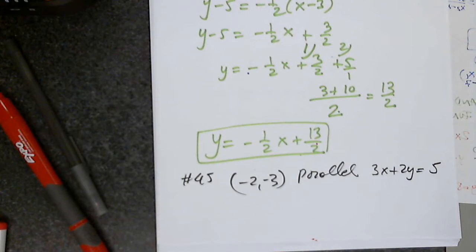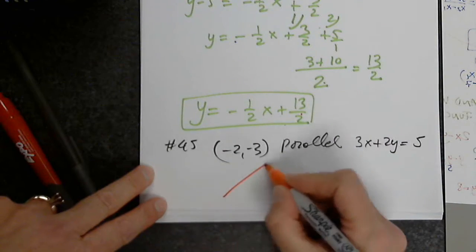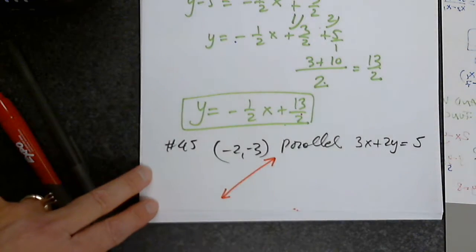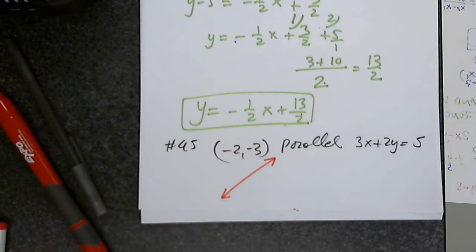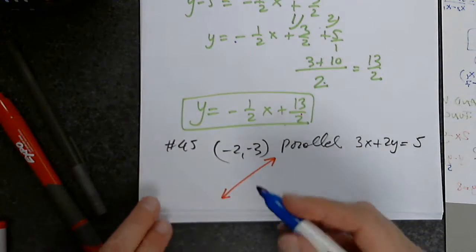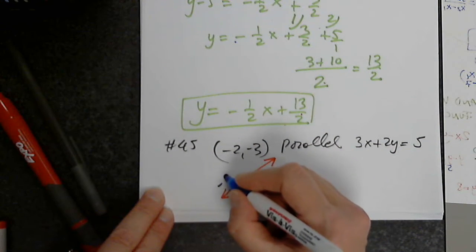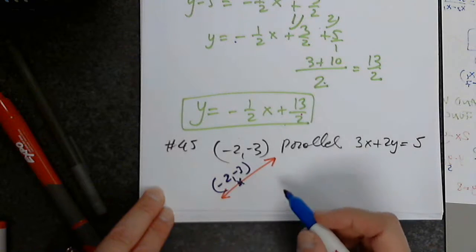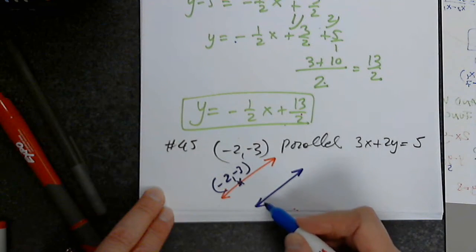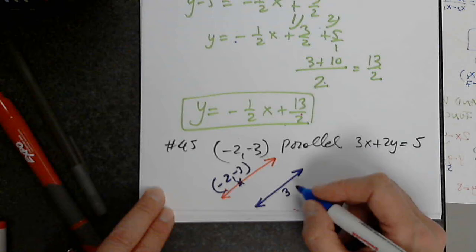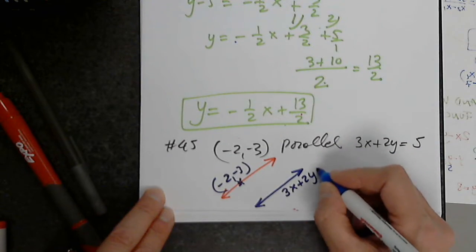So we're asked to determine the equation of a line. Here's my unknown line. And I know 2 pieces of information. One piece is that it passes somewhere along the line. I have this point. And I also know that it's parallel to a line whose equation is this.